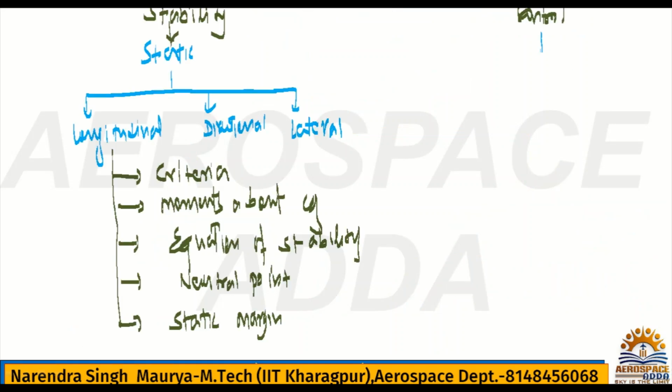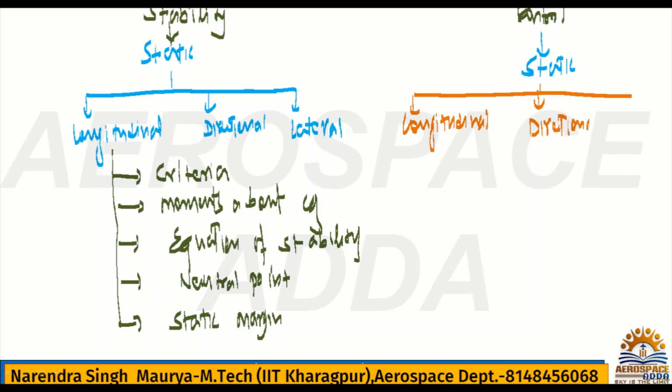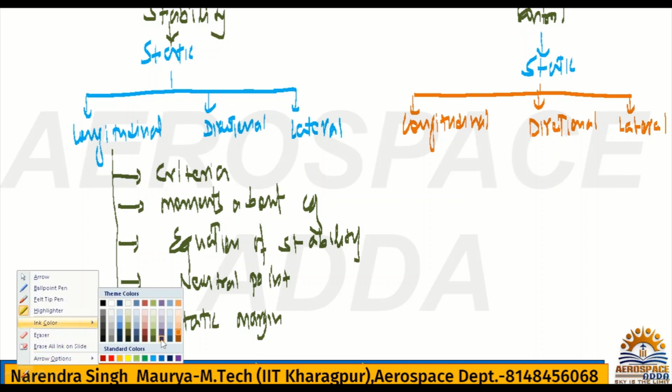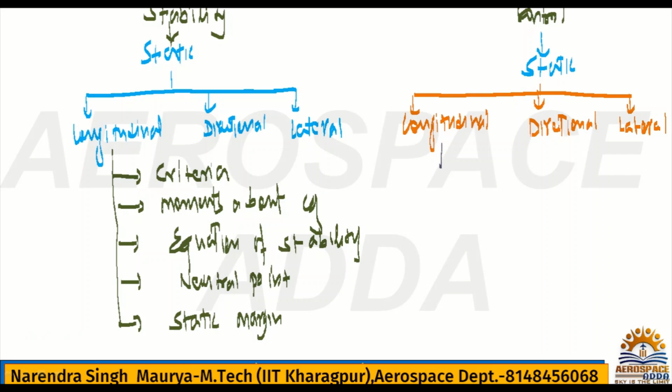So I will write here: in control we have static, and in this static we have these three: longitudinal, directional, and lateral.